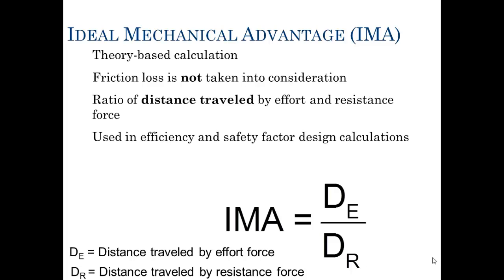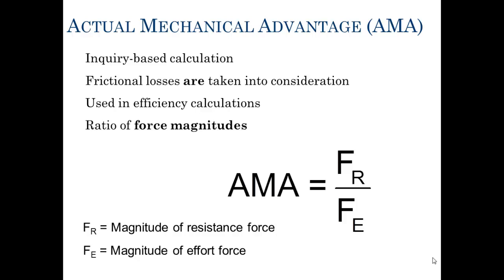So ideal mechanical advantage is when we don't take into account the friction, and it's the ratio of distances, all right? So it's the distance of the effort force divided by the distance of the resistance force. Remember, effort force is what you apply, resistance is the load. The AMA, actual mechanical advantage, is the ratio of the resistance force to the effort force.